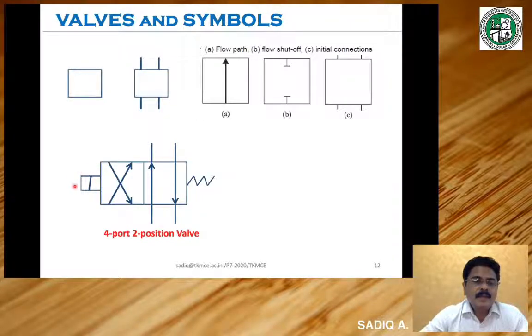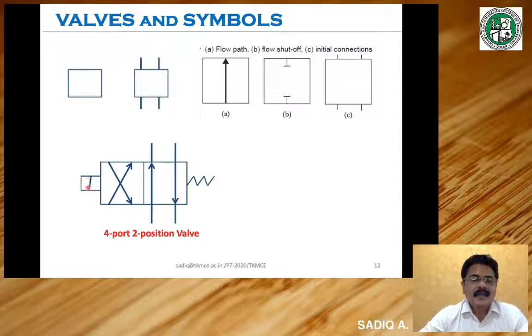This symbol on the left-hand side represents the reason for which the status will be changed. That means for changing the status of the valve from this flow condition to this flow condition, this is the reason. Reason means the kind of signal that is given here. This shows that there is an electrical signal or solenoid shown here.